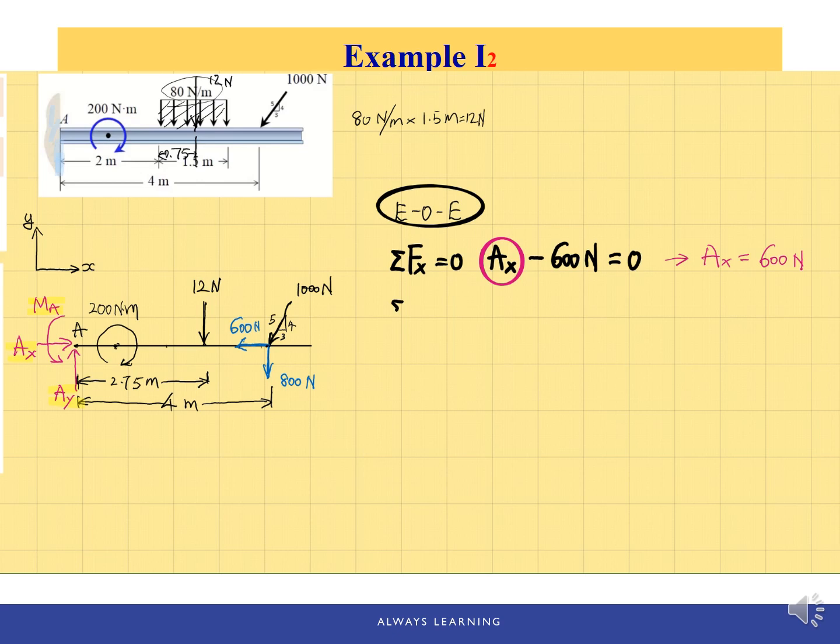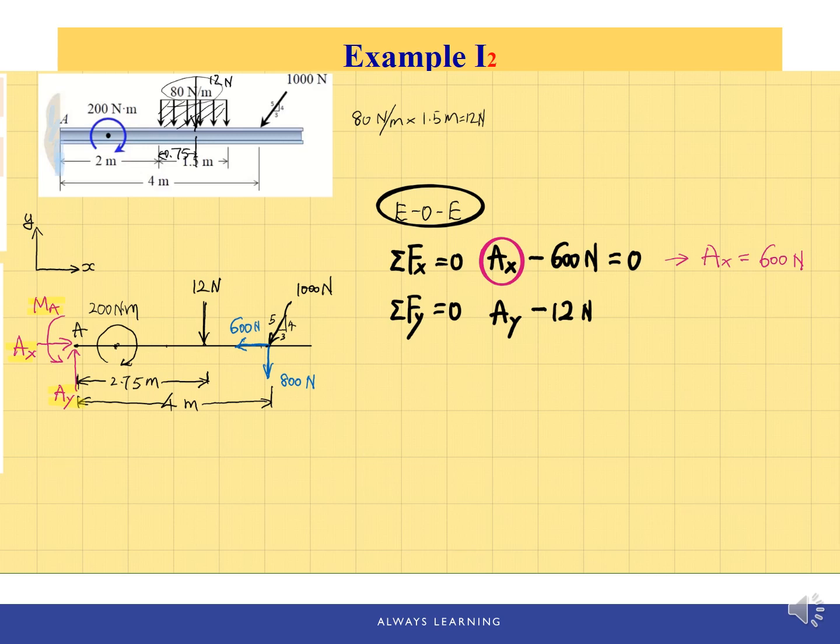Second equation we're going to use will be sum of Fy equal to 0. Same idea, we're just going to gather the forces pointing in the y direction. So we have Ay pointing up, so it's positive, and we have this 12 kilonewton pointing downwards, so minus 12 Newton, sorry, it's not kilonewton.